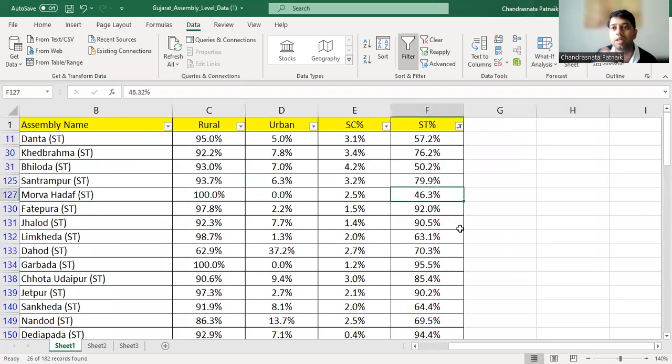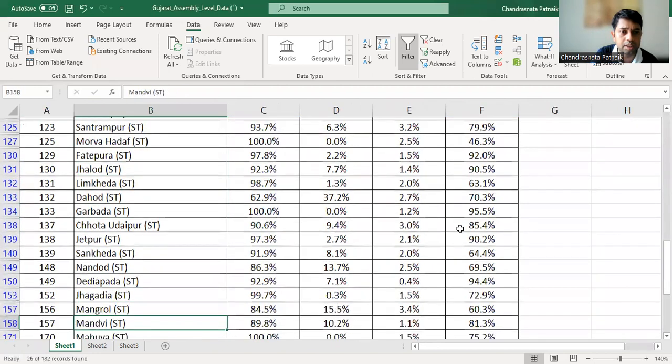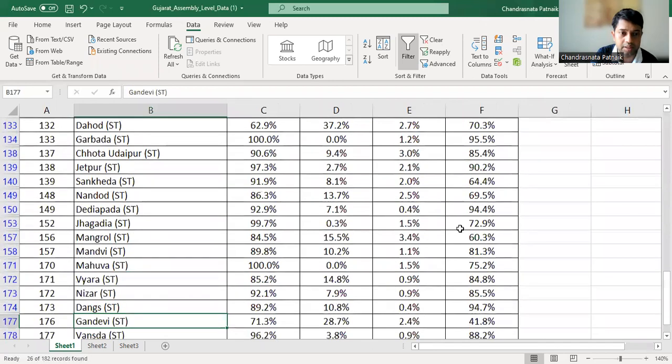This number is 26. A significant number. 26 divided by 182 indicates that around 14% of the seats have an ST population greater than 40%. As I mentioned, to win you need close to a 45% vote share. So these are the seats, you can have a look: Danta, then Vijaynagar. I'm just scrolling through. There the ST population is greater than 40%.